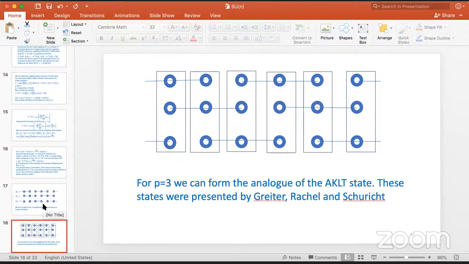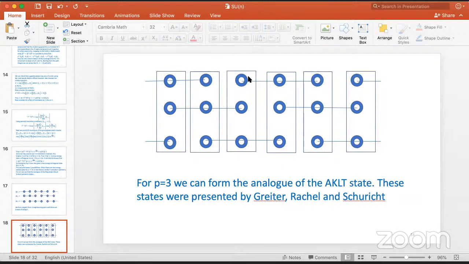On the other hand, for p equals 3, we can form the analog of the AKLT state. These states were presented by Greiter, Rachel, and Schuricht. Now we again combine three states to form a singlet, but now we actually have translation invariance.